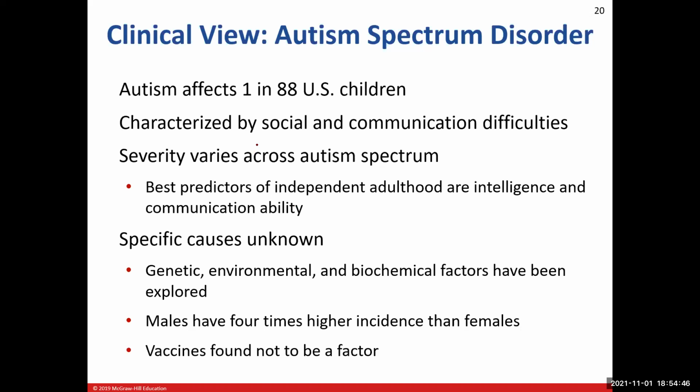With these children, they'll have some social and communication issues. Some will just be mildly awkward, and they might just not be able to make eye contact. And then there are some that could be more severe, in which they can't stand still, they can't look at you, and you really won't be able to have a conversation with them.